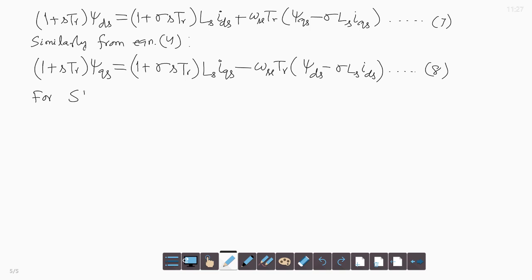For stator flux orientation control, what is required? Psi qs must be 0 and psi ds equals to psi s hat. Total flux is along the d axis. We align the d axis with psi ds, so that psi ds is psi s.